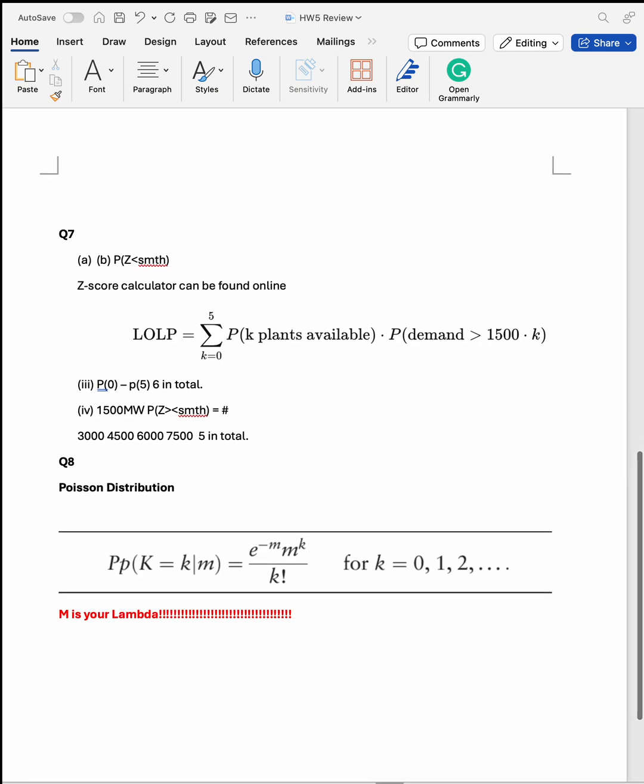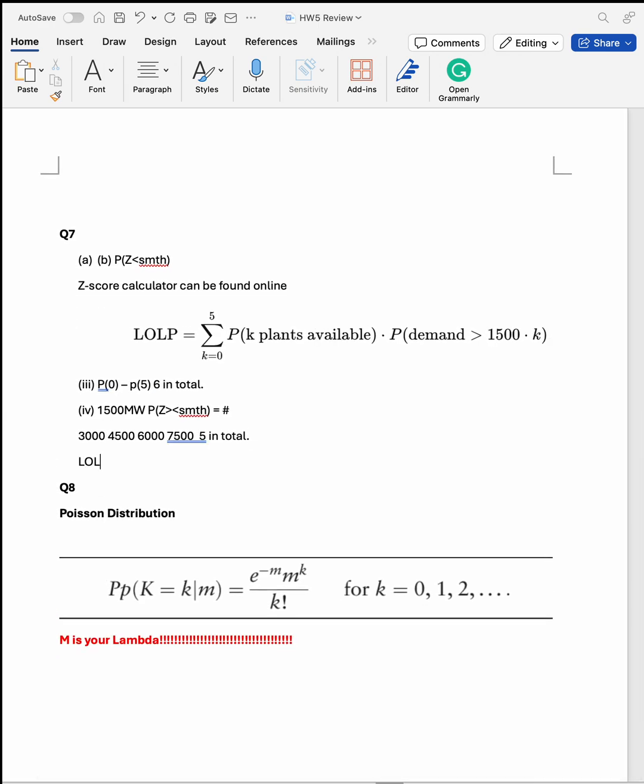Then after that, you will use this LOLP equation to calculate the loss of load probability, which is the overall probability.